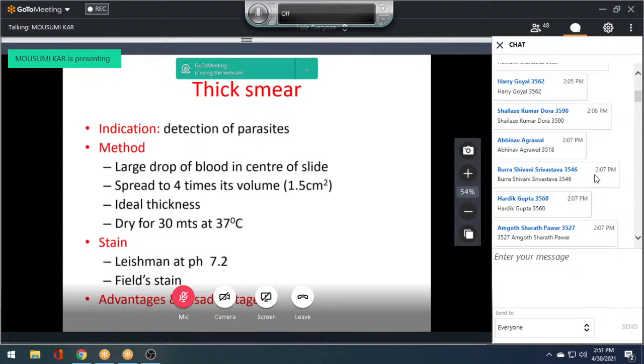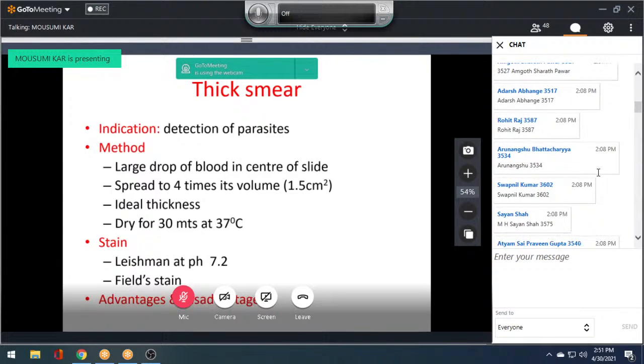It should not be like a thin smear, but it should be thick, but you should be able to read the print of a paper.